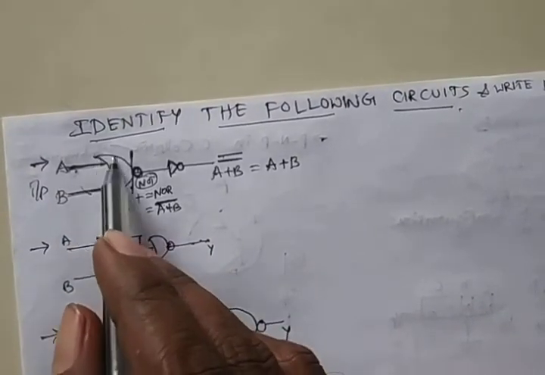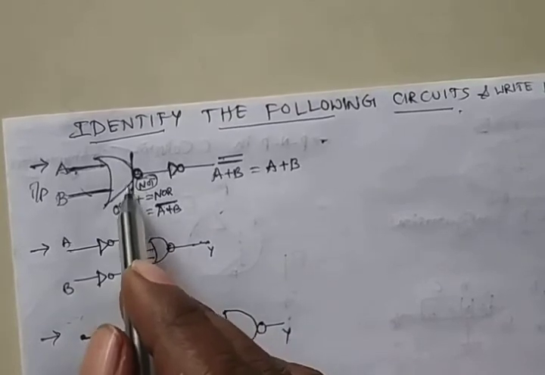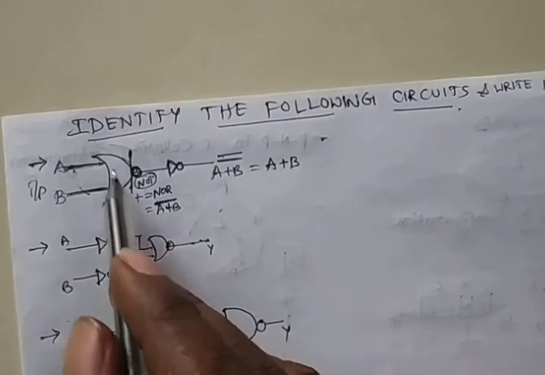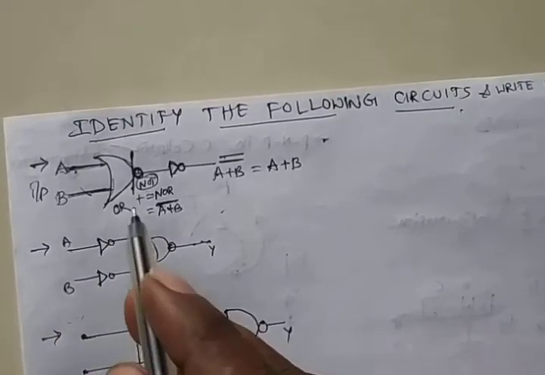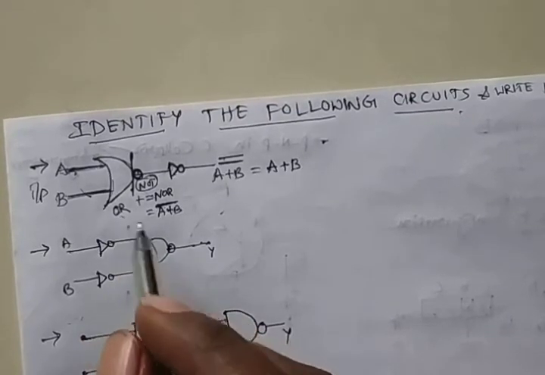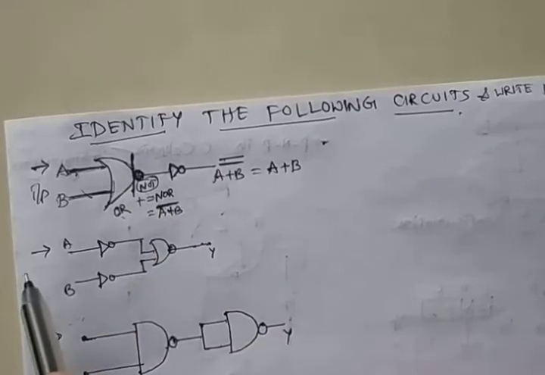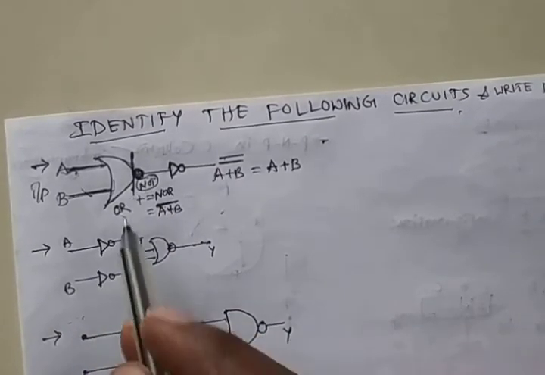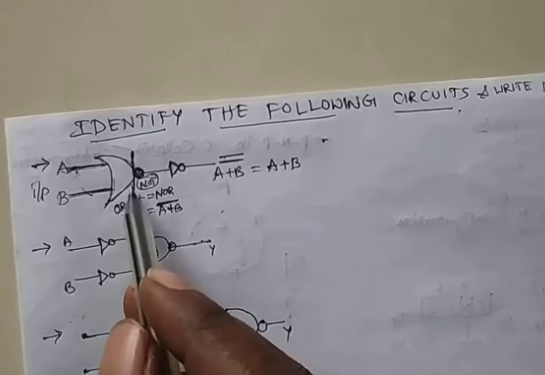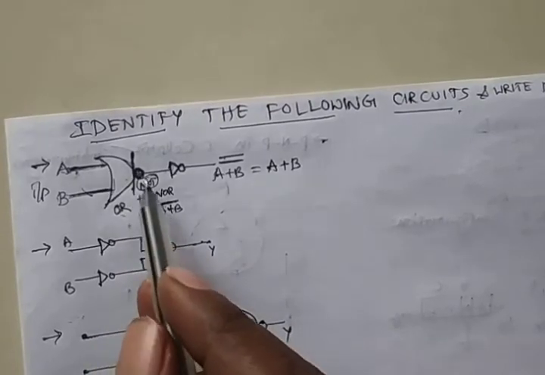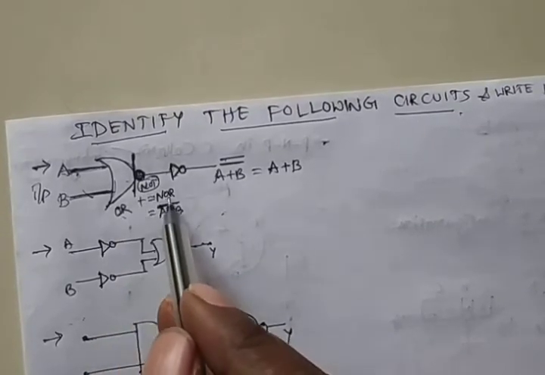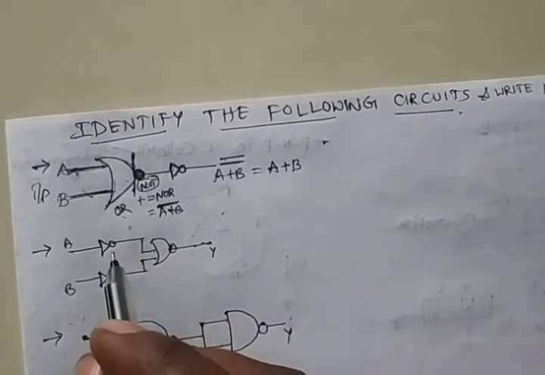Now these inputs are connected to this gate, means this gate is an OR gate. Now this is connected to a symbol NOT. The circle indicates NOT. So when OR is connected to a NOT gate, then this combination becomes a NOR gate.